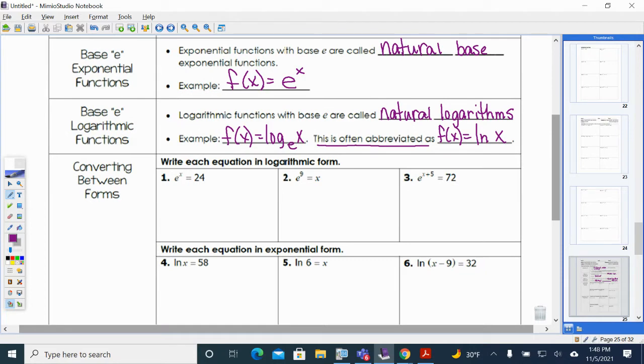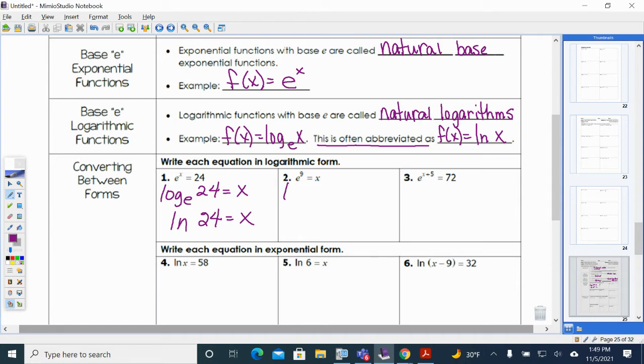So let's look at converting between forms. In this first set, it says write each equation in log form. So e to the x is equal to 24 would be log base e of 24 is equal to x. Now again, we don't write log base e. We typically just write ln for natural log of 24 equals x. Same thing on number 2.